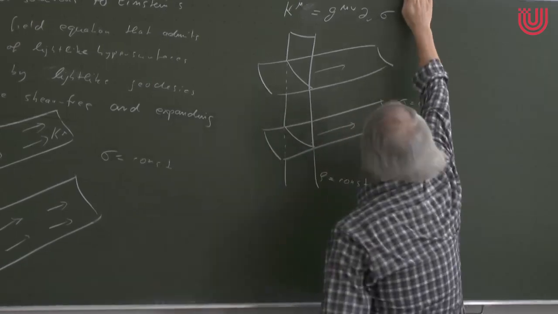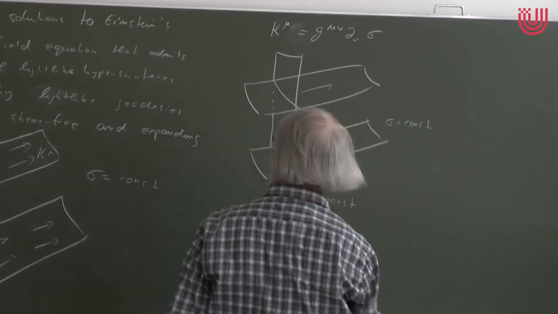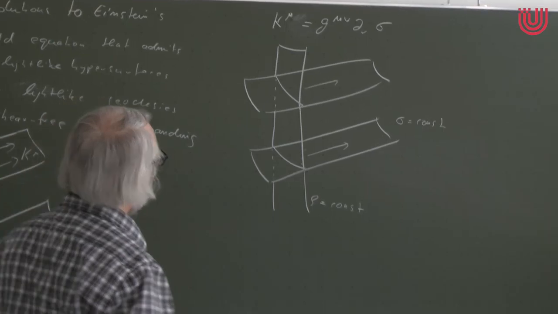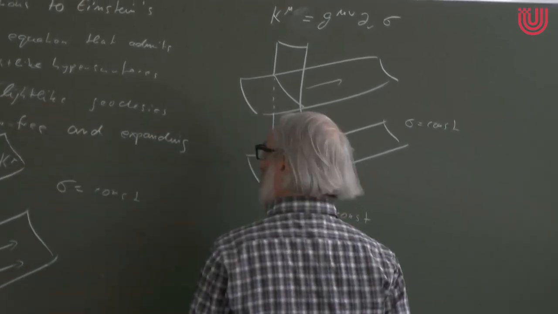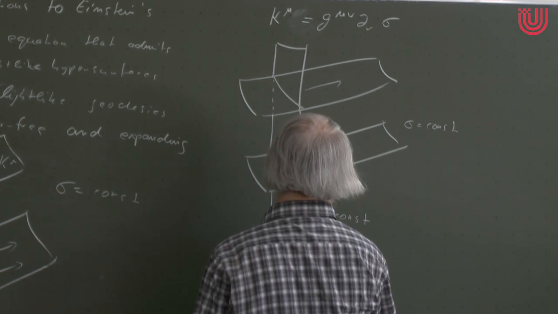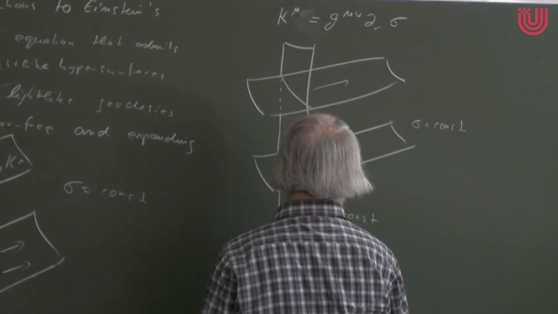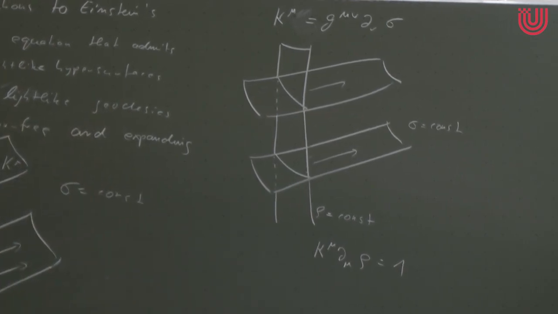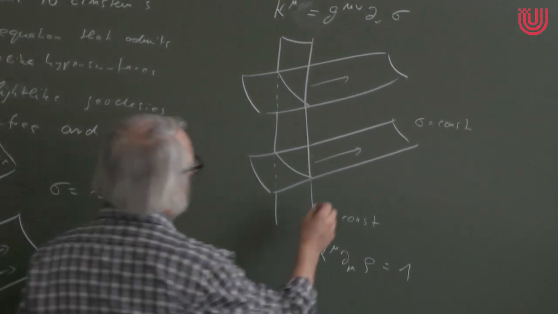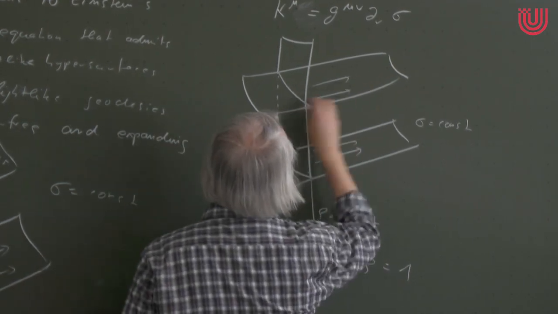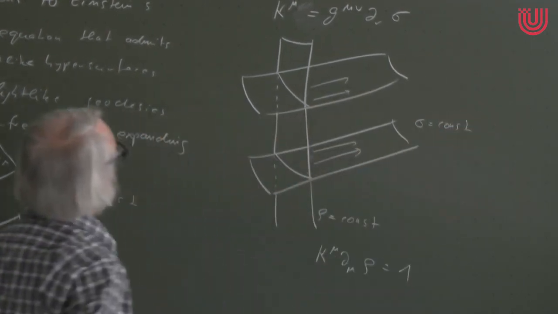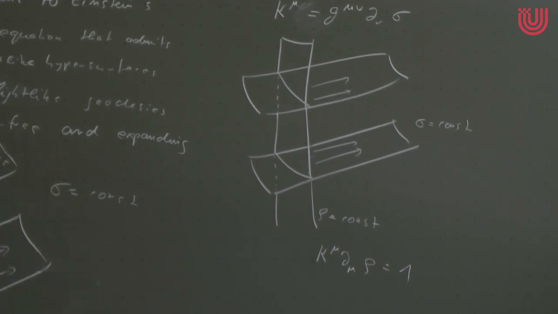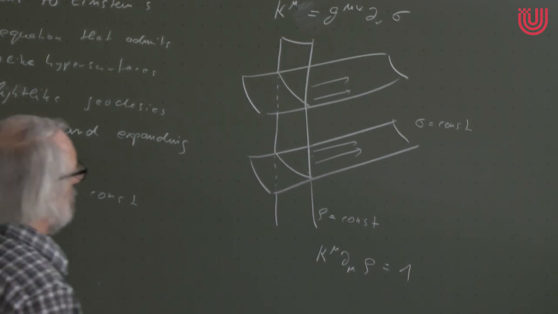And the fact that they are transported with the flow of this vector field means that K mu d mu rho is equal to 1. Or what is the same thing, this vector field, which I denoted K mu, which is tangential to these hypersurfaces, becomes one of the Gaussian basis vector fields, namely the vector field d by d rho.